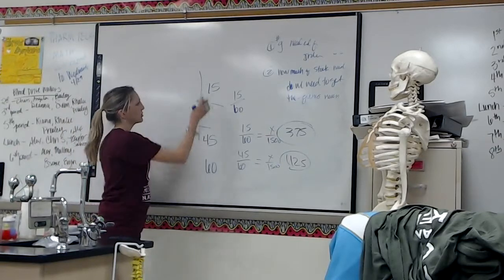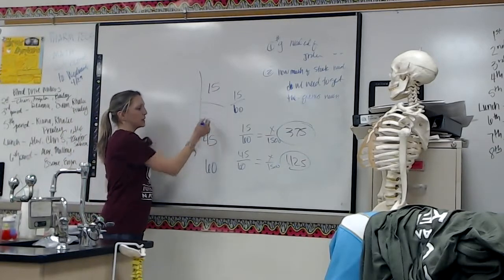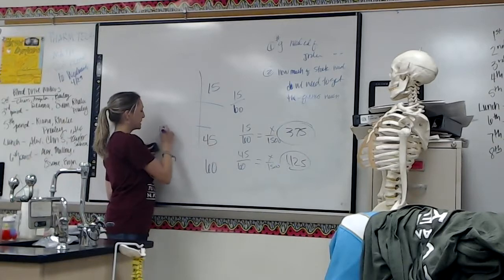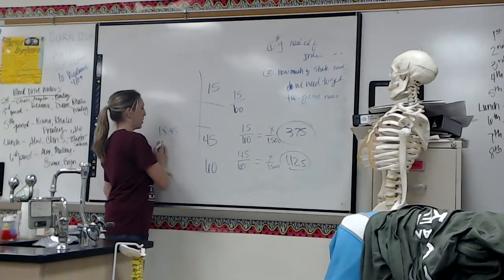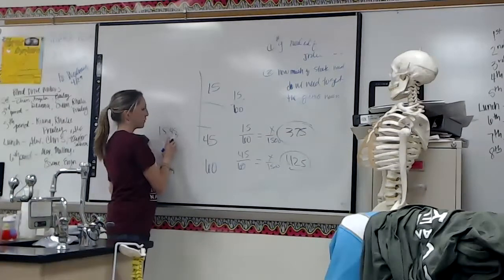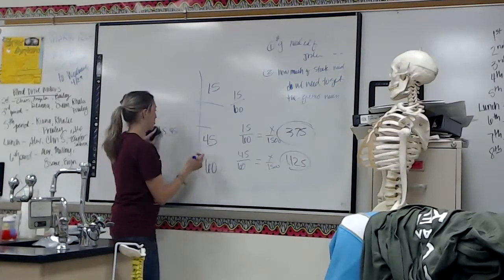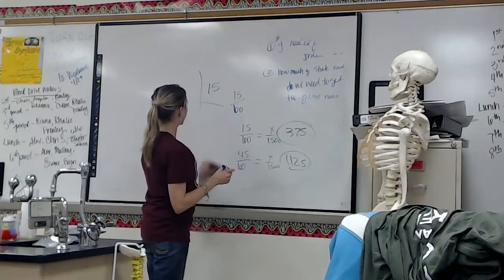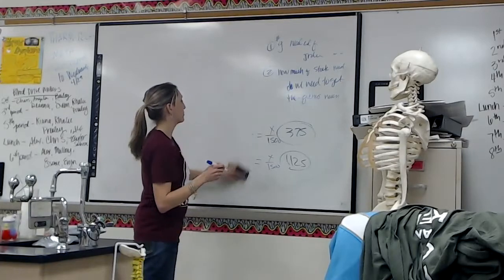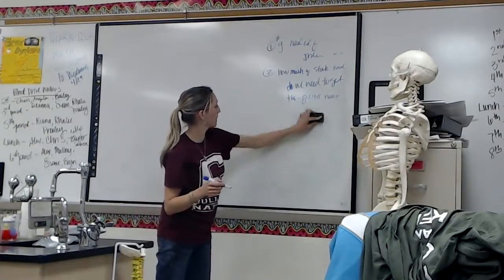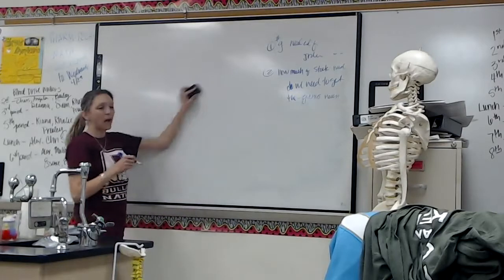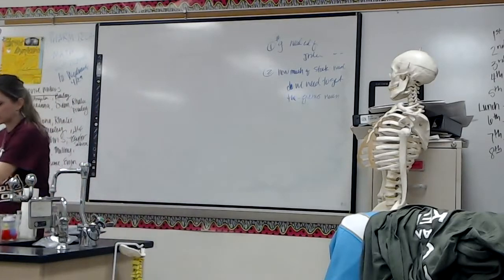Remember, you can't just do 15 over 45. It is 15 to 45. There's 15 parts of the stock compared to 45 parts of the base, but there's 60 parts total. So don't forget you have to add up those parts. So there's your two ways to do those.